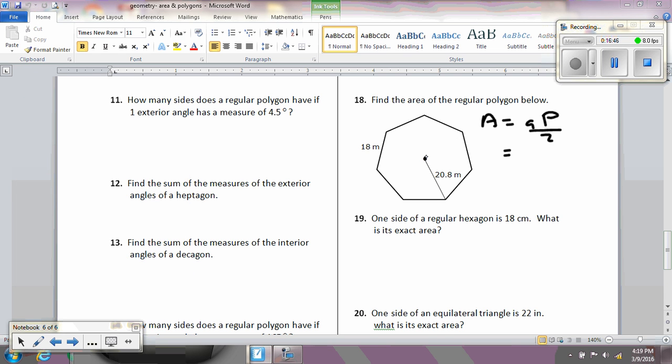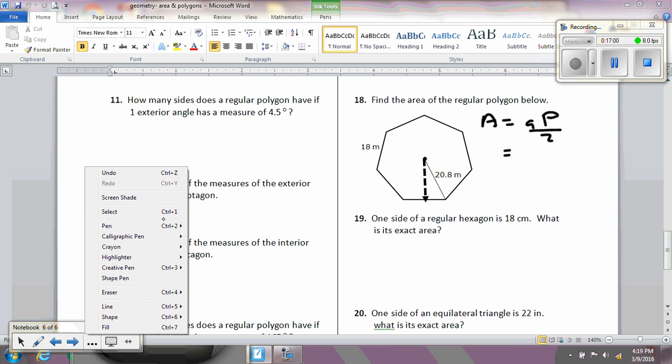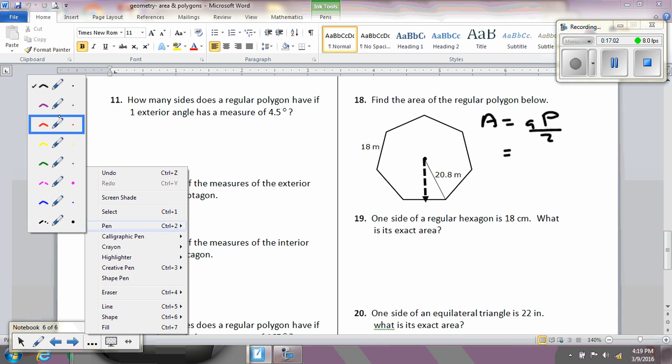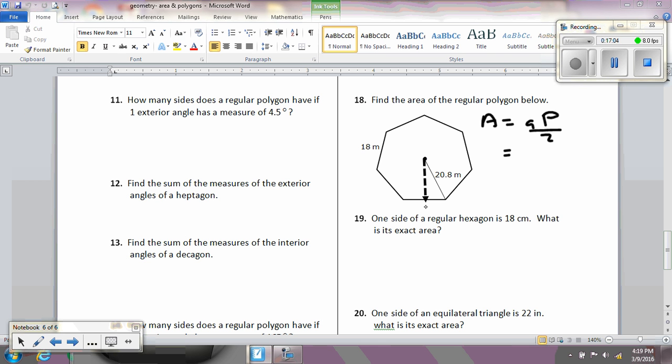Remember, the apothem has to be perpendicular to the side, and it cuts the side in half. So if each side is 18, each part on both sides of the apothem would be 9. So I have to use Pythagorean's theorem to find the apothem.